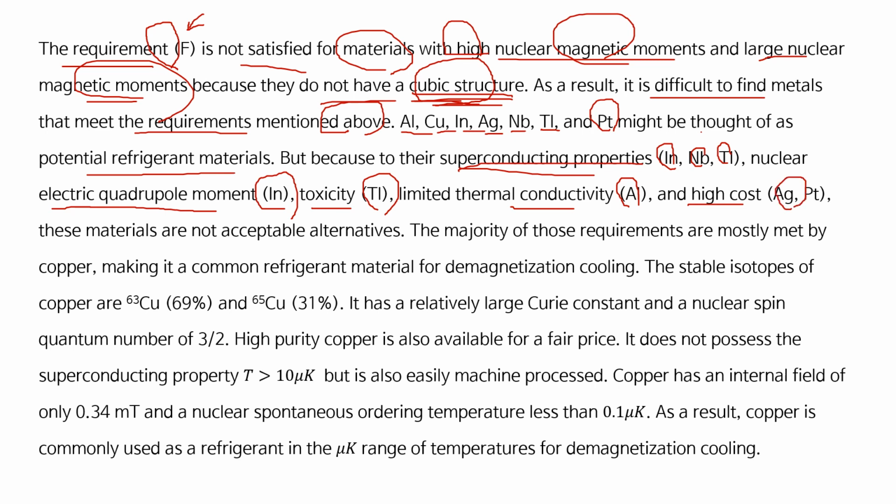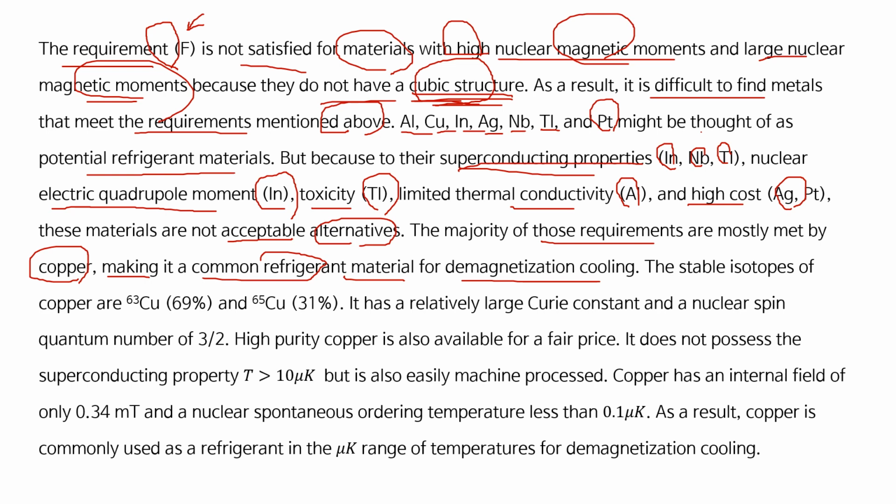These materials are not acceptable alternatives. The majority of those requirements are met by copper, making it a common refrigerant material for demagnetization cooling.